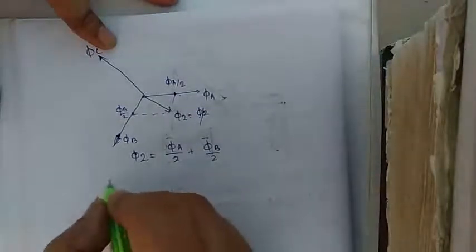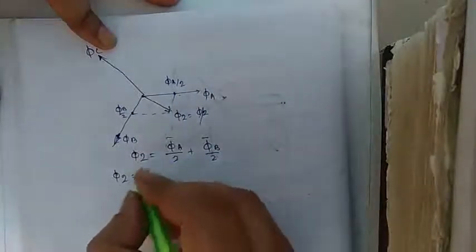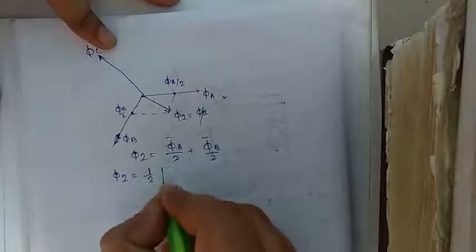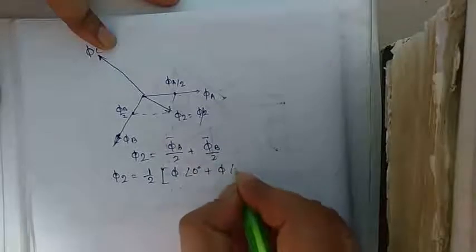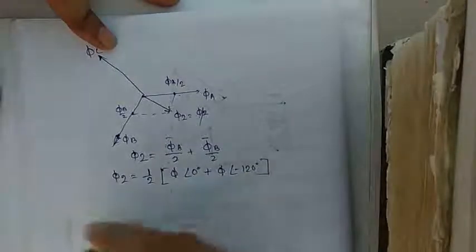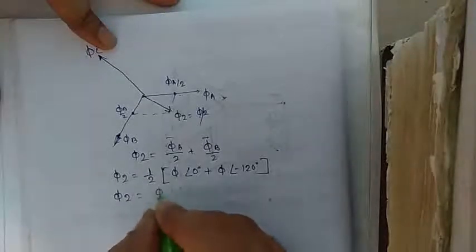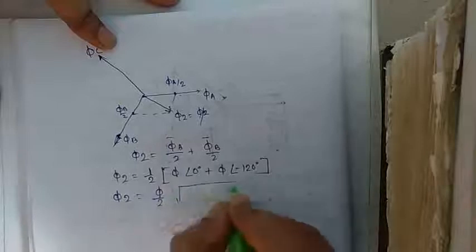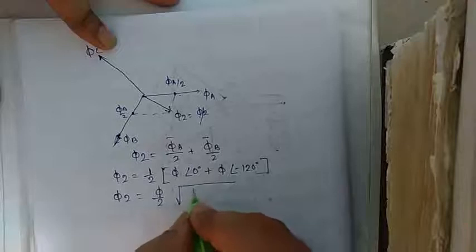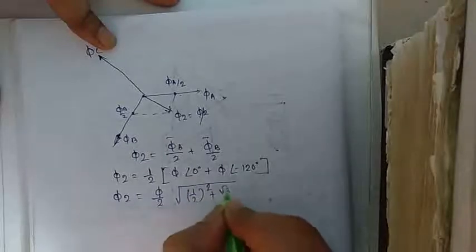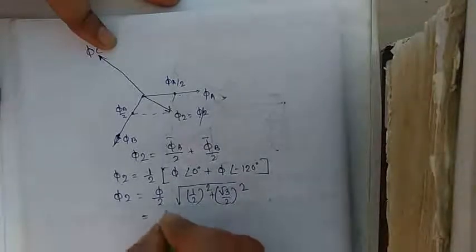Taking phi A as the reference, it is half phi angle 0 degrees plus phi angle minus 120 degrees. So if you calculate, phi 2 is phi by 2 root over (half square plus root 3 by 2 square). So this magnitude is only phi by 2.